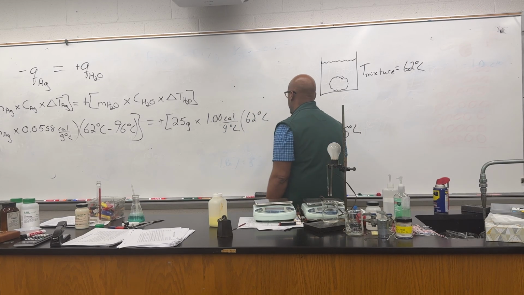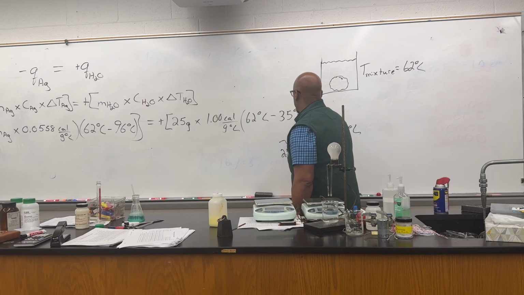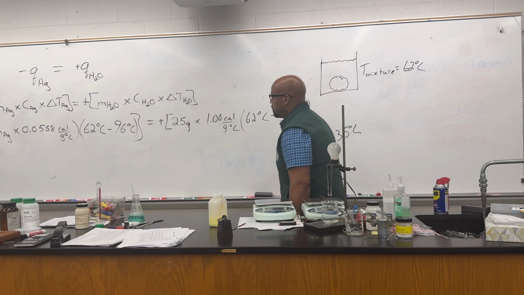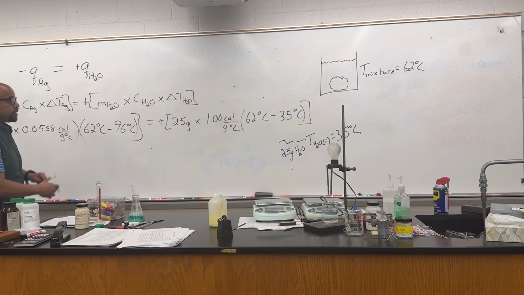They're both the same final temperature, minus the initial temperature. Well, the initial temperature of the water was 35 degrees Celsius. And here we go. All we're going to do is solve the right-hand side of this expression, then solve the left-hand side, and ultimately solve for the mass of the silver. So over here, let's see what we got here.